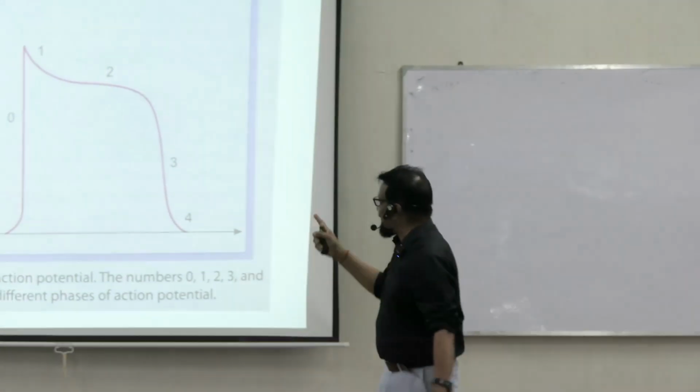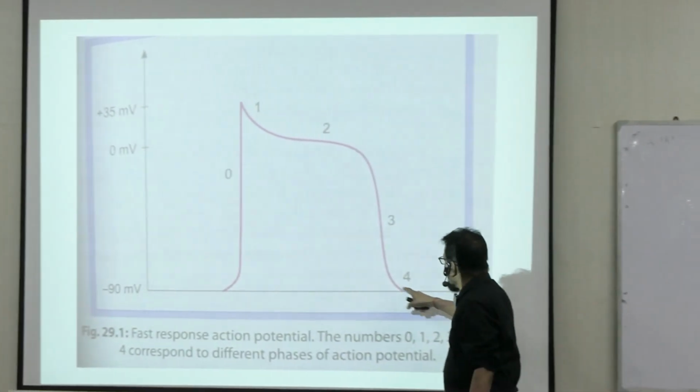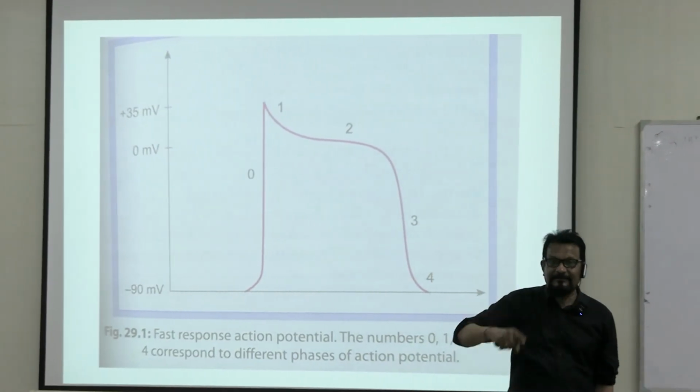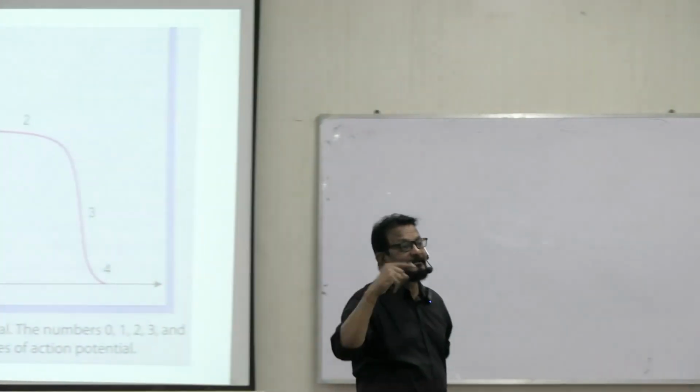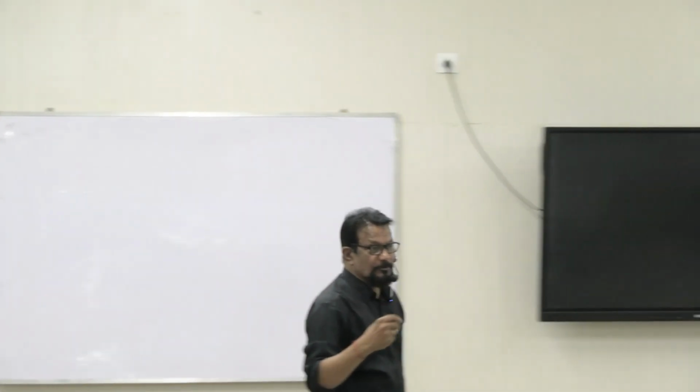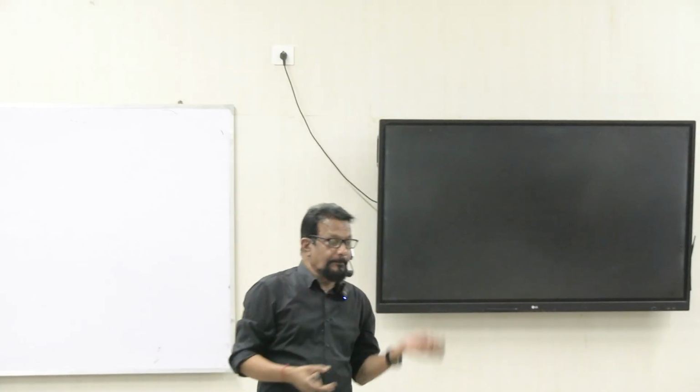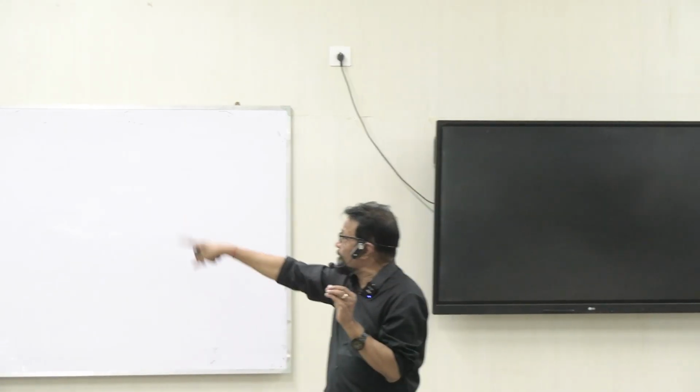Now the cell is ready for another action potential and to produce another contraction. During every action potential, calcium ion is liberated, and this calcium ion will cause contraction of the muscles.